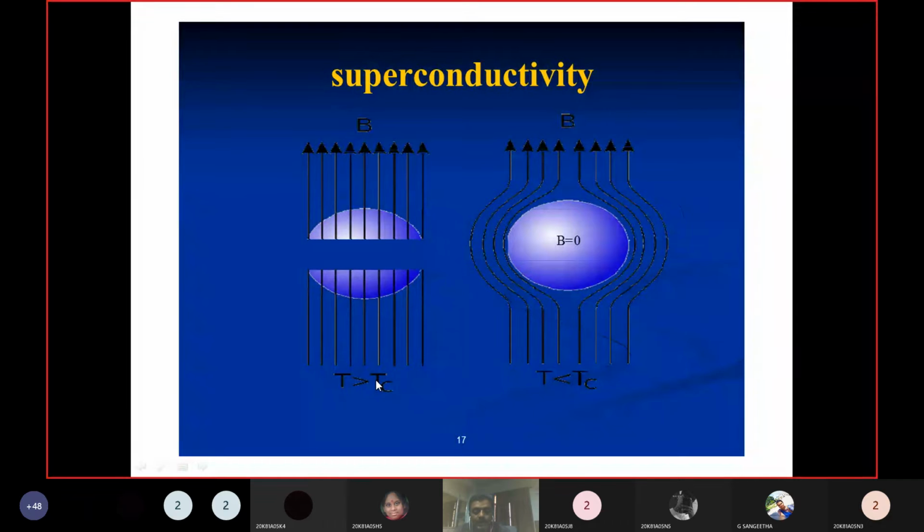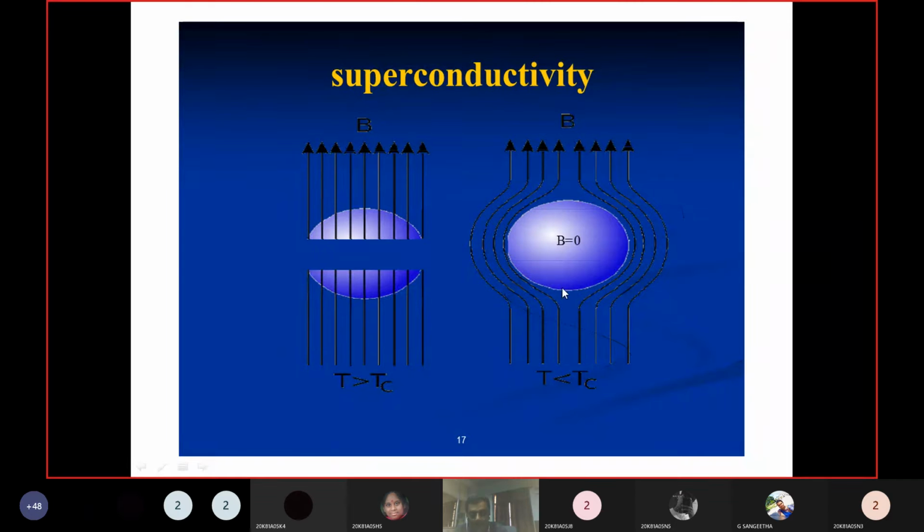When T is greater than Tc, that is, above the critical temperature, the superconducting material acts as a paramagnet. If T is less than Tc, this superconductor exhibits diamagnetism. So the magnetic field lines are repelled by this diamagnet.